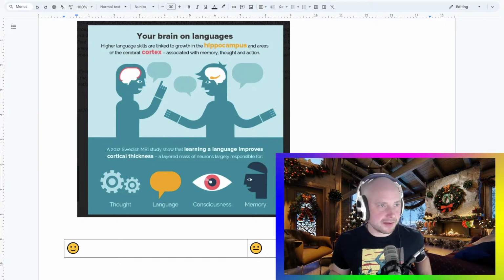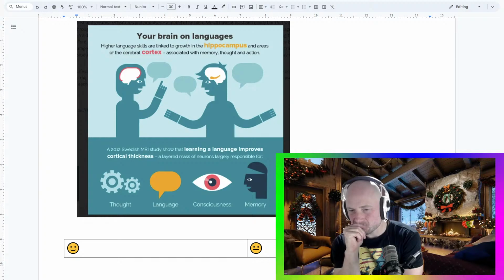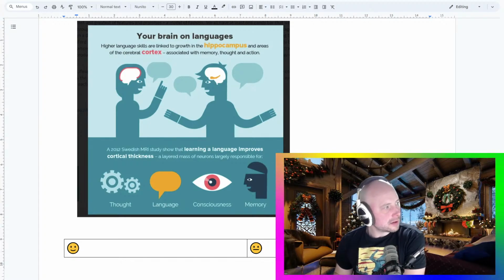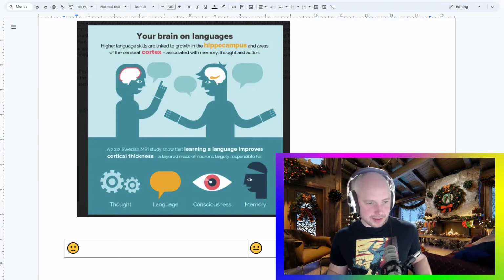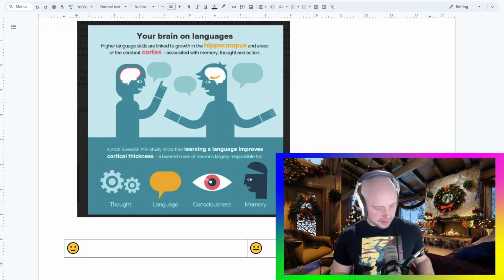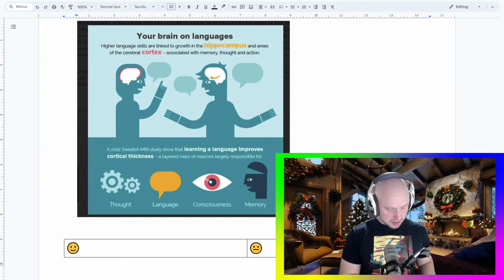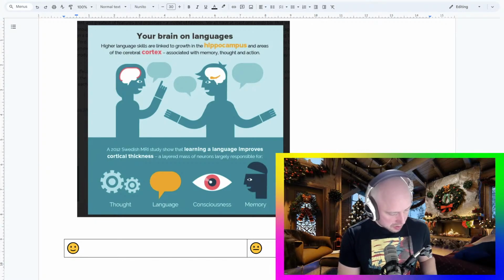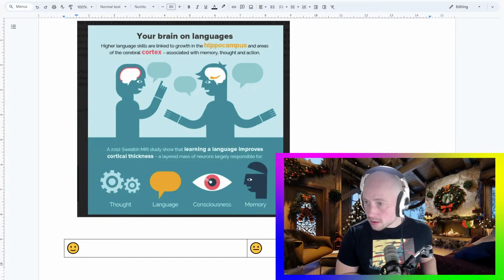We can see photo demonstration that brain magnetic resonance imaging shows that learning a language improves cortical thickness, a layered mass of neurons largely responsible for thought, language, consciousness, memory. Also grows in hippocampus, and action area of the cerebral cortex.